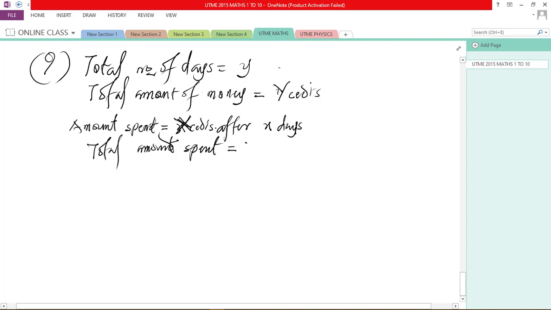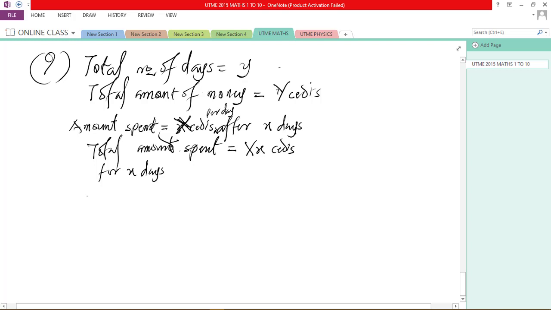So for X days, it will be X times X series, since X series is spent per day. For the whole X days, the total amount spent will now be this.